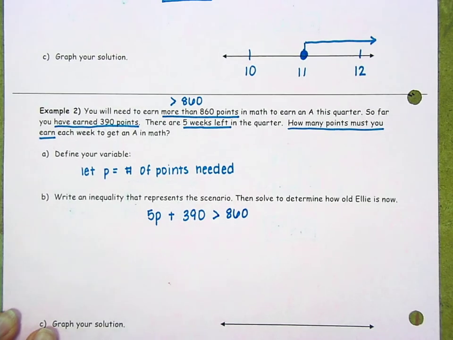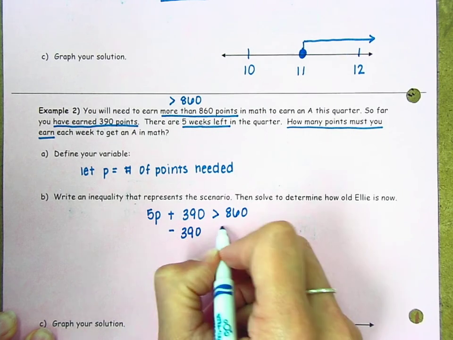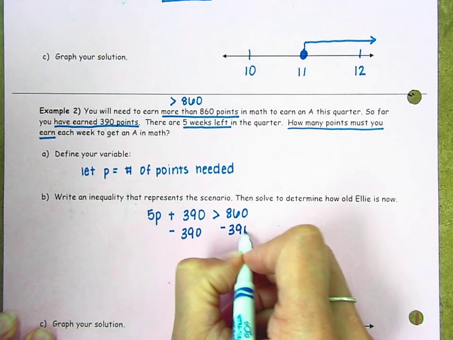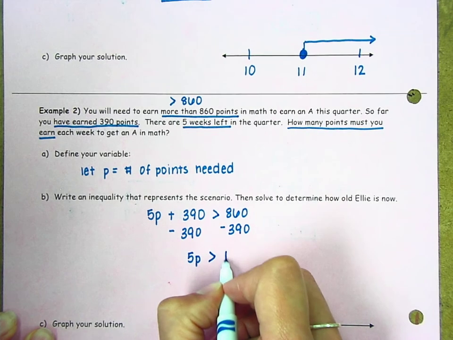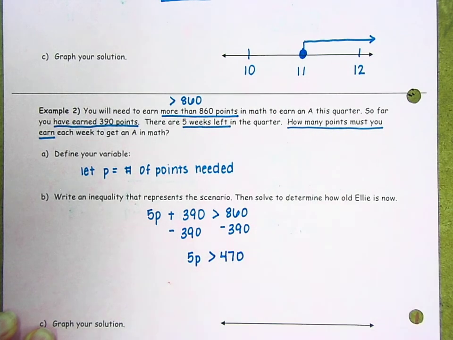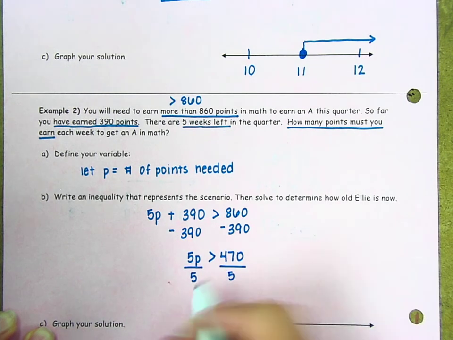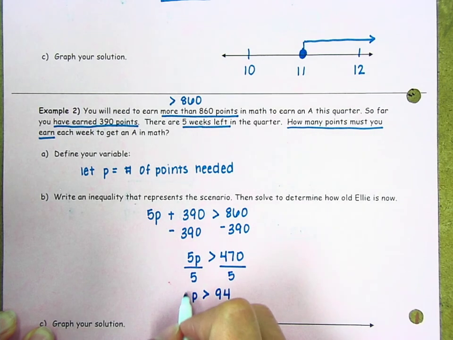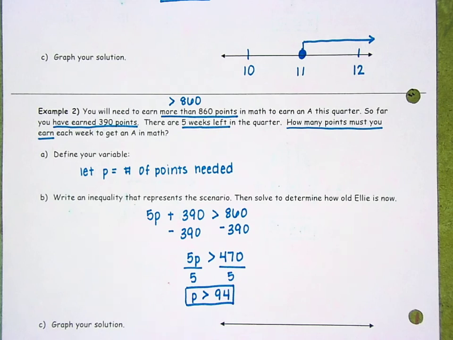Now we can go and solve our inequality. We're going to subtract 390 from both sides. So 5p needs to be greater than 470. And we will divide both sides by 5. So P is greater than 94. So now we need to think about what this solution actually means.